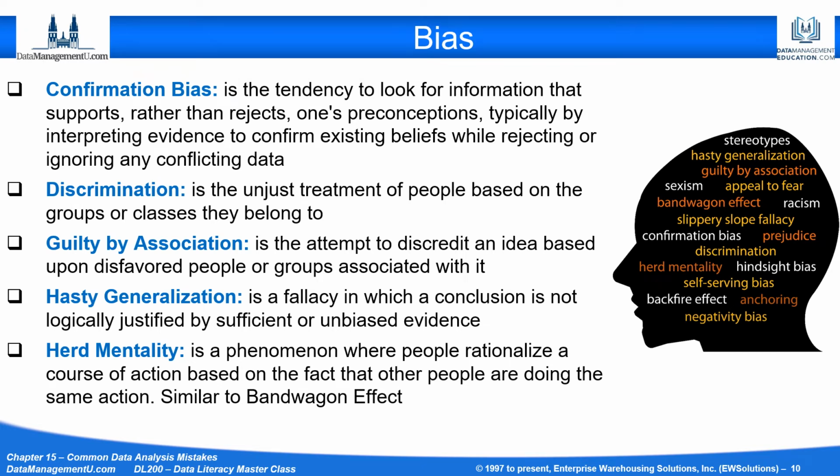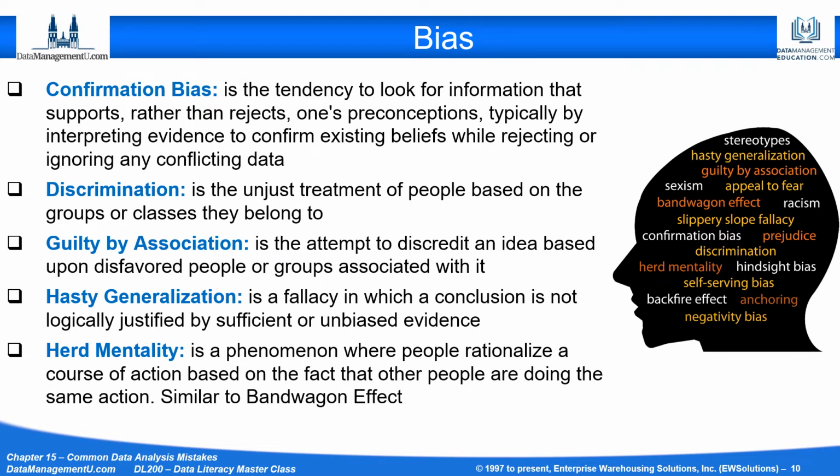Next, hasty generalizations. This is a fallacy in which a conclusion that we reach is not logically justified or sufficient or unbiased. We just jump to that generalized conclusion quickly when the data hasn't taken us there. Next, herd mentality.